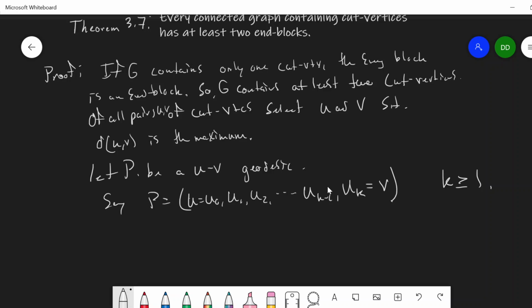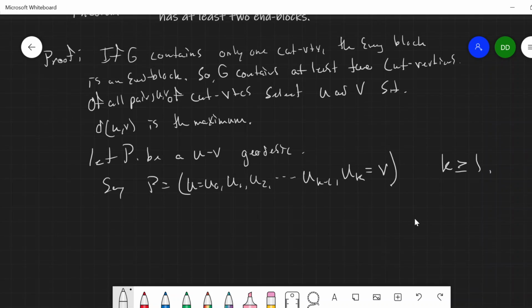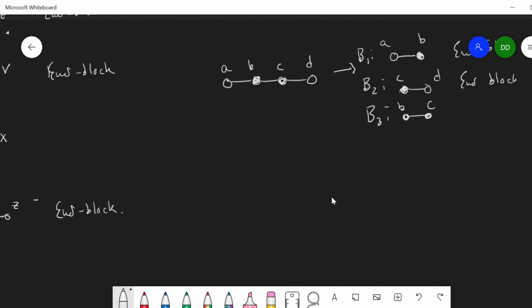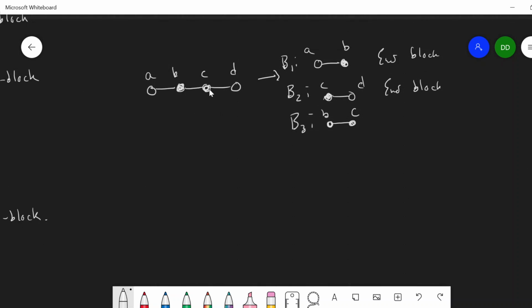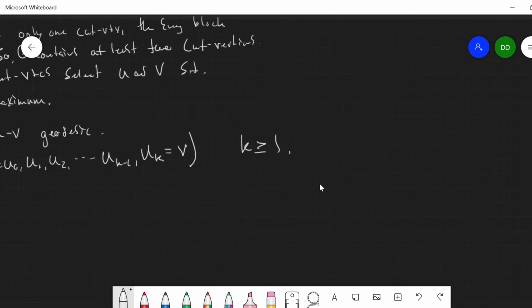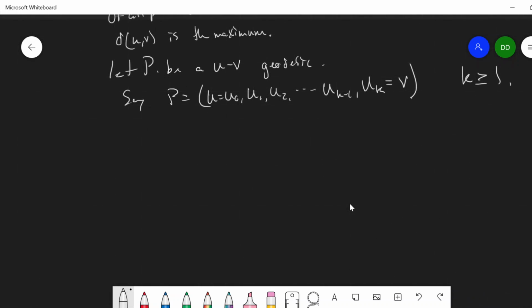So it is possible that U1 is equal to V and my path is just length 1. That's okay. That would be the case in the path we looked at earlier. I find my pair of cut vertices whose distance is maximum. Well, that's B and C, and I find a path between them. So B and C might be the only vertices on the path, but that's okay because I'll still be able to find these end blocks.